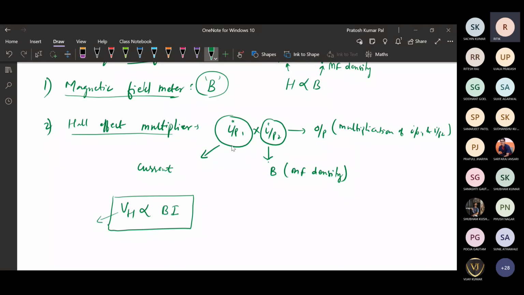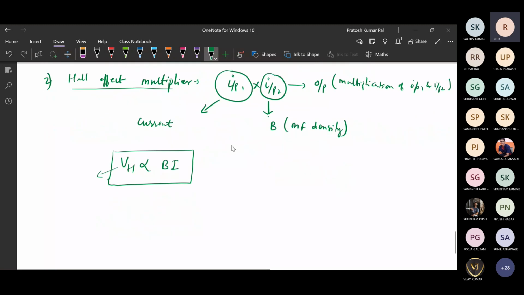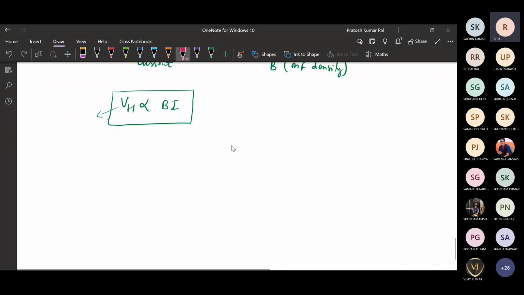One more point we can see: charge density, that is rho. Basically, charge density rho is the charge multiplied by the charge concentration.